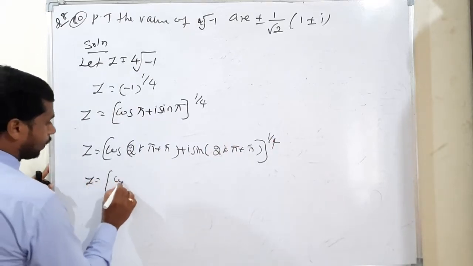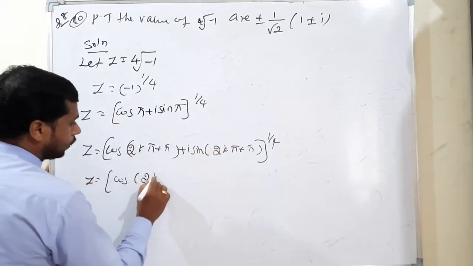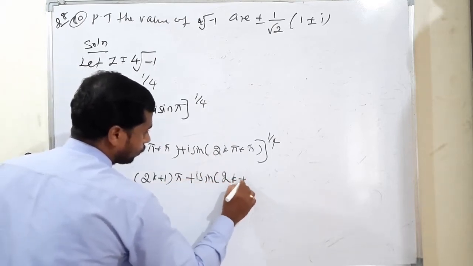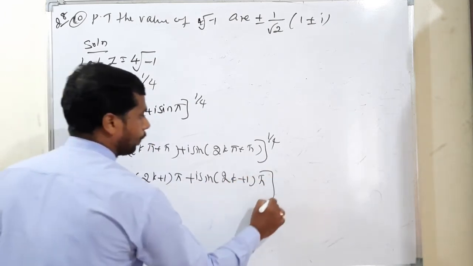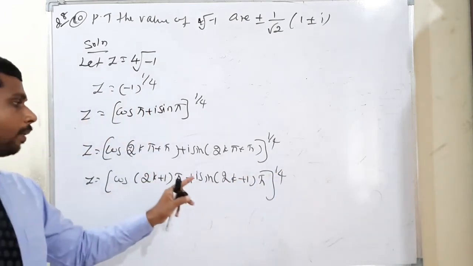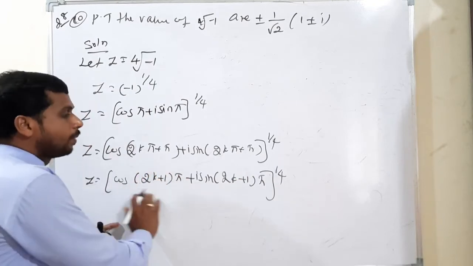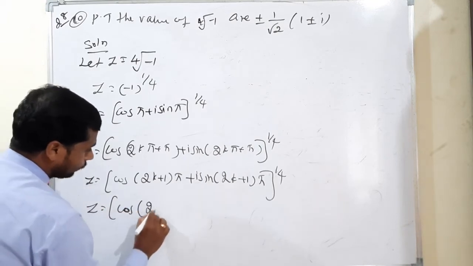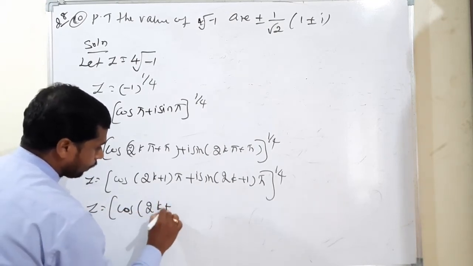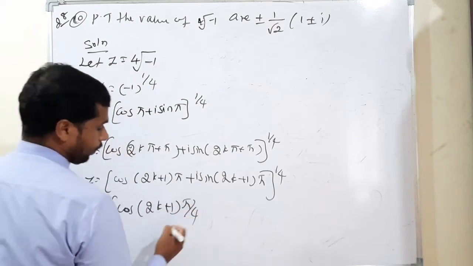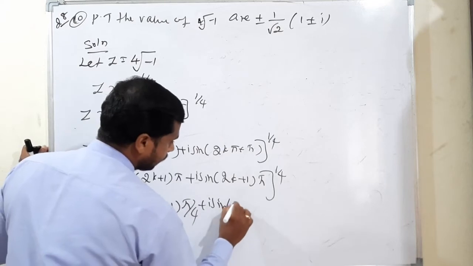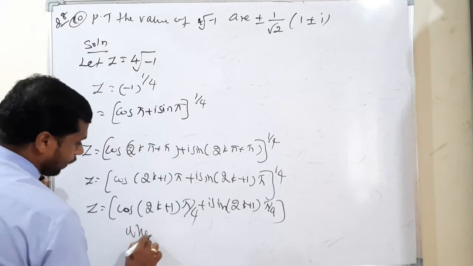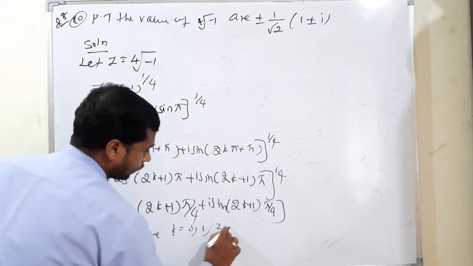Then z is equal to (cos((2k plus 1) pi) plus i sin((2k plus 1) pi)) the whole power of 1 by 4. According to De Moivre's theorem, 1 by 4 means every time it is divided by 4. Therefore z is equal to cos((2k plus 1) pi by 4) plus i sin((2k plus 1) pi by 4), where k is equal to 0, 1, 2, 3.